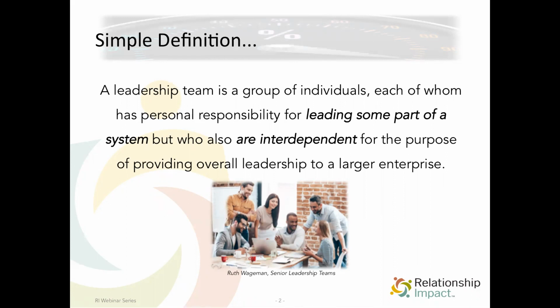A leadership team is a group of individuals, each of whom has personal responsibility for leading some part of a system, but also has a strong level of interdependence, for the purpose of providing overall leadership to the whole organization. That's a pretty simple definition, but it will help us as we start to unpack how to do a good job of measuring the effectiveness of a team. So that's a foundational element.